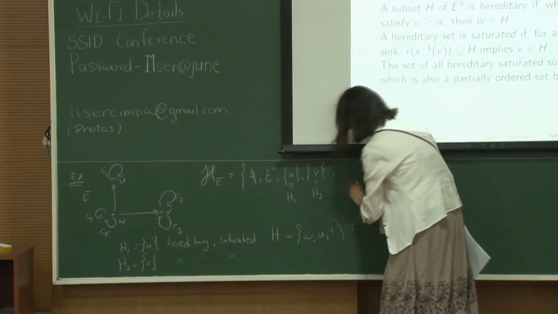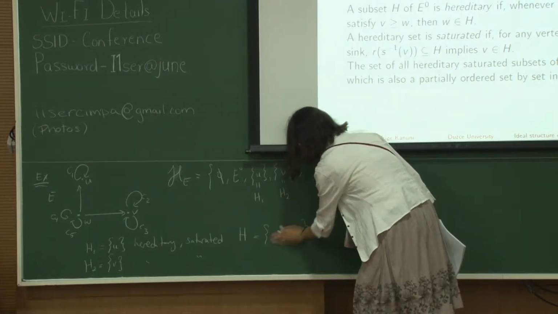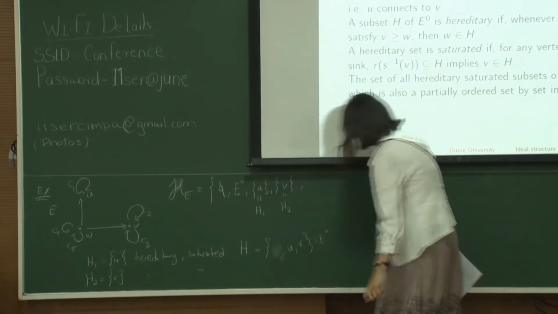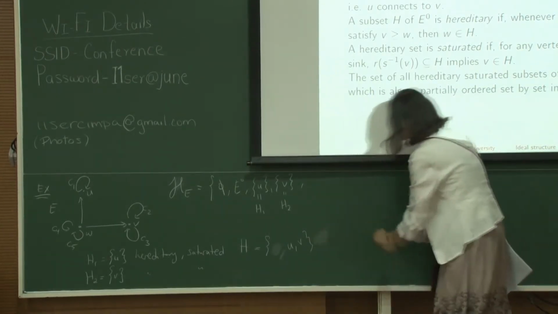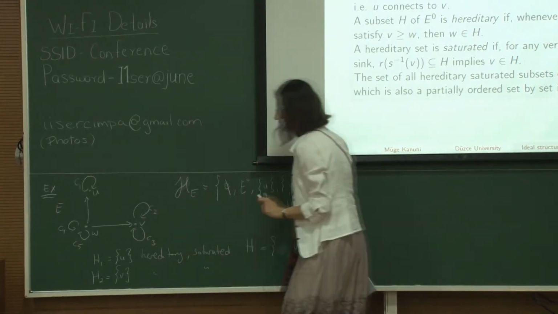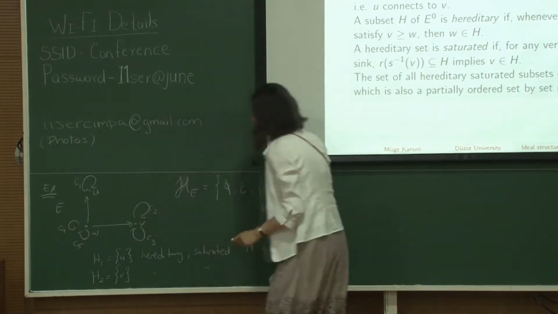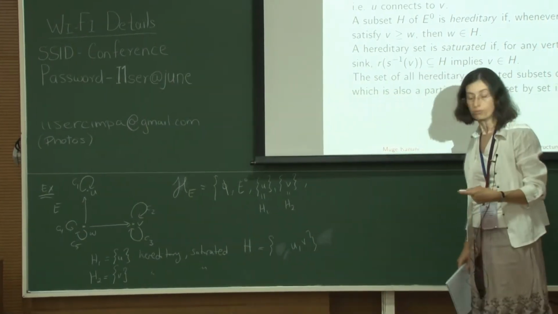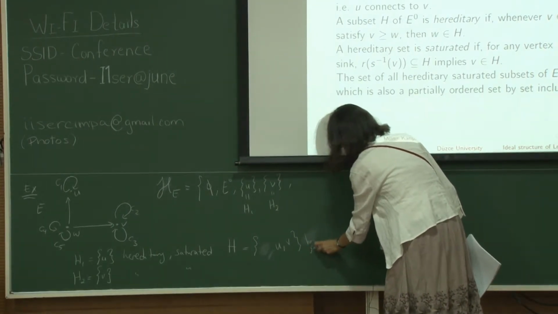So we already covered it here, so I don't have to worry about that. If you're taking notes, I'm going to keep this as H1 and H2. Well, how about U and V? If you take U and V, that's also hereditary and saturated. The reason is that I have W that goes as loops there. So this is another hereditary and saturated set.